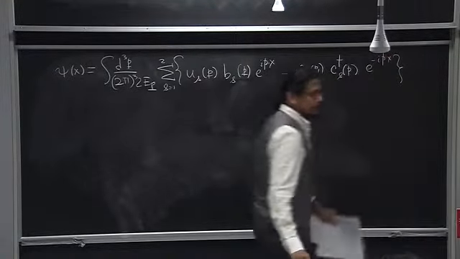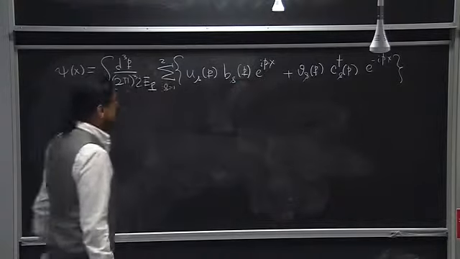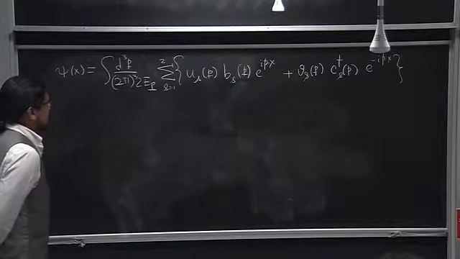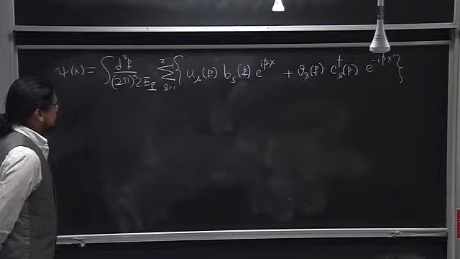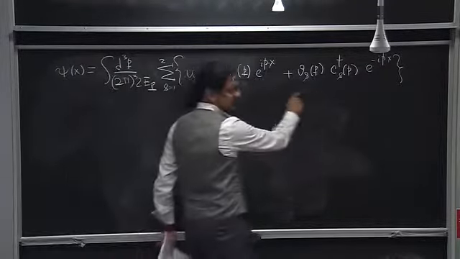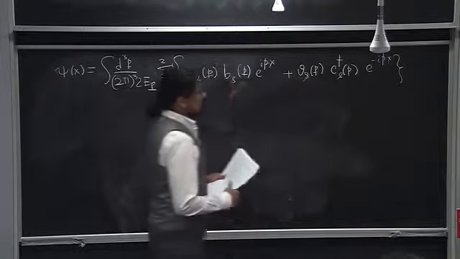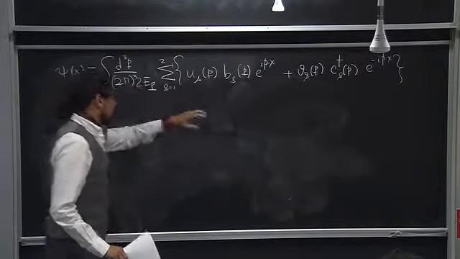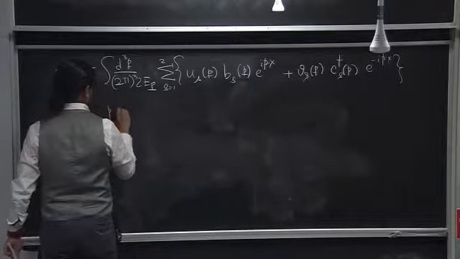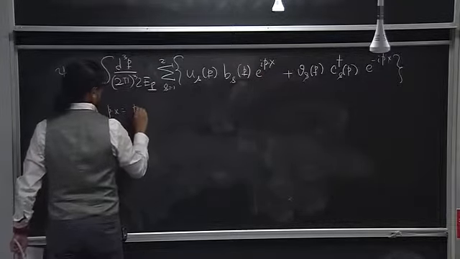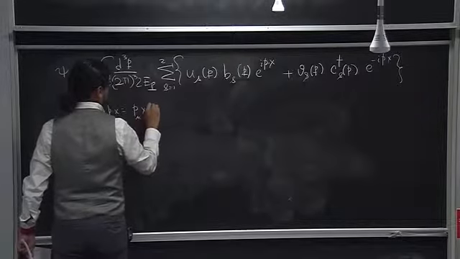CJ? I was just wondering why there's a positive p dot x and then a minus. About this positive and negative? Remember, these are 4-vectors. So when I write p dot x, I mean p_mu x^mu.